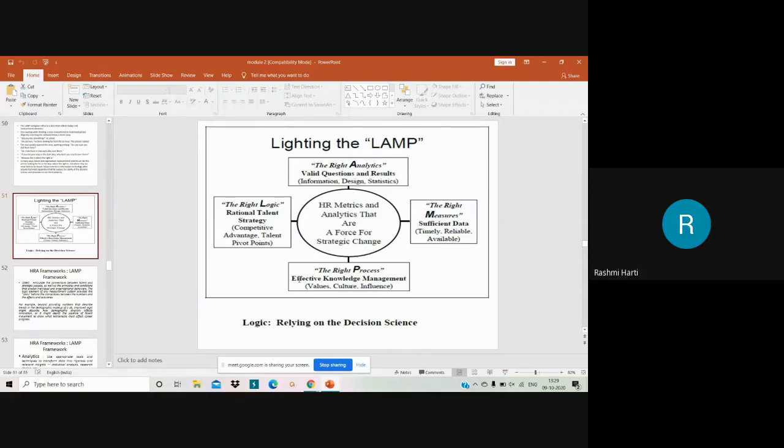In normal terms, what do you mean by logic? We use logic many times, right? What is that logic? Ma'am, idea behind. Any other meaning of it? Many times we use this word logic.